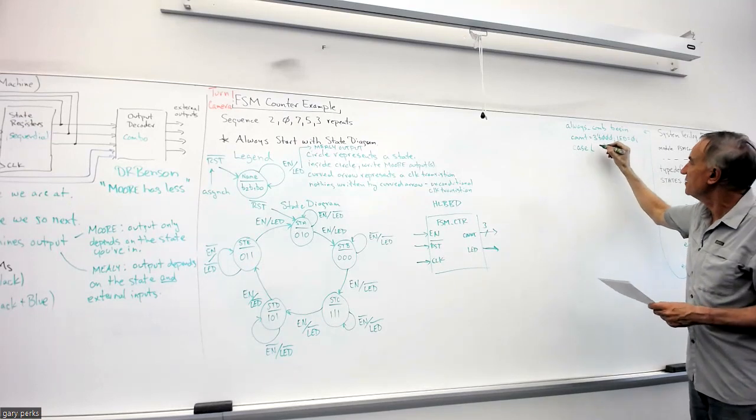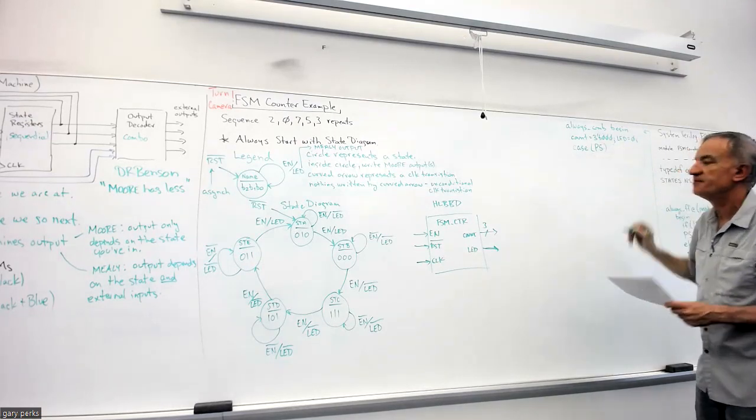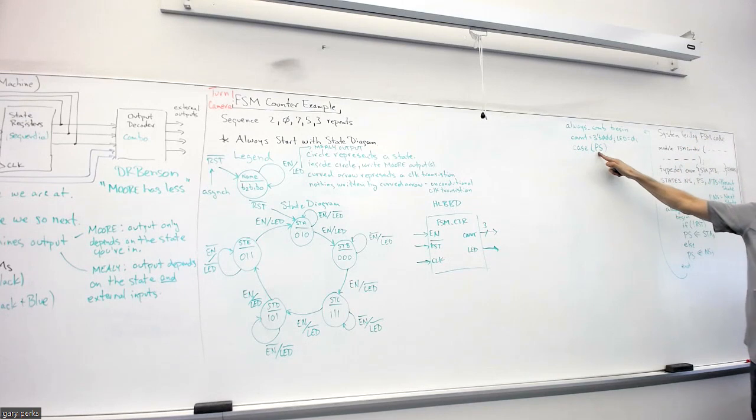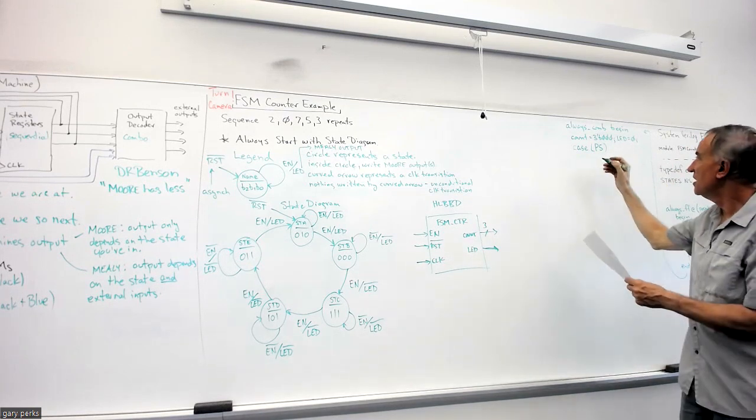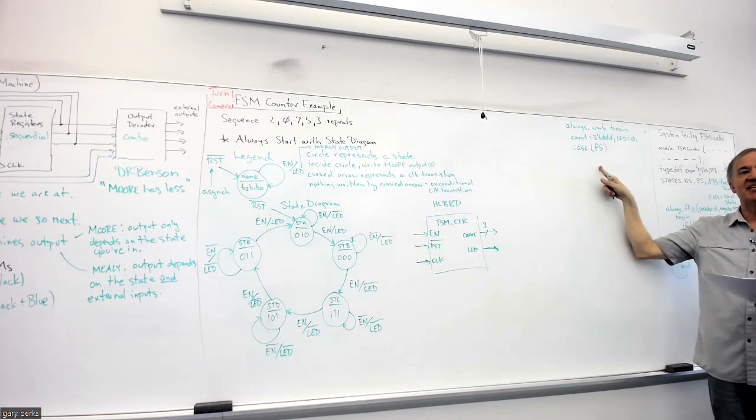So inside the parentheses, this is going to be present state. Sometimes people make a mistake and put next state here, but you want present state because that's what gets updated.